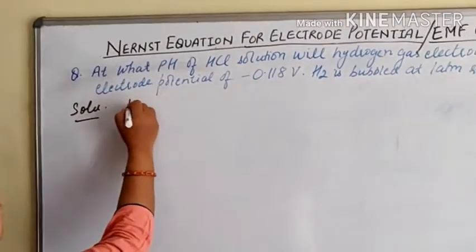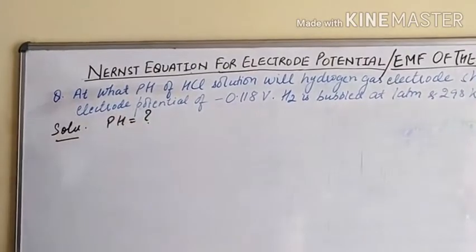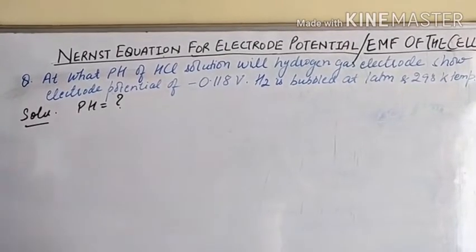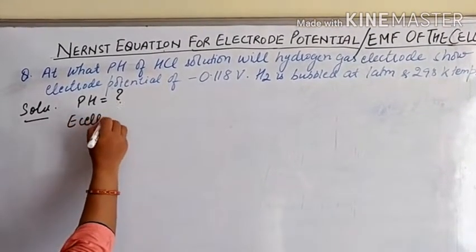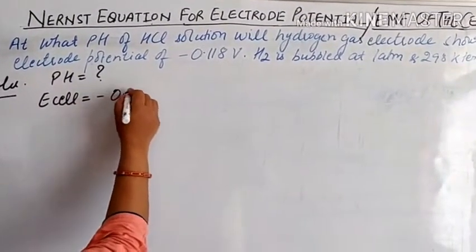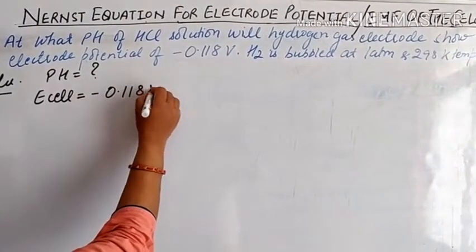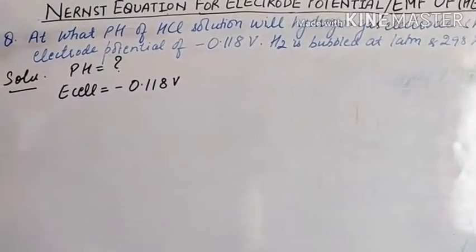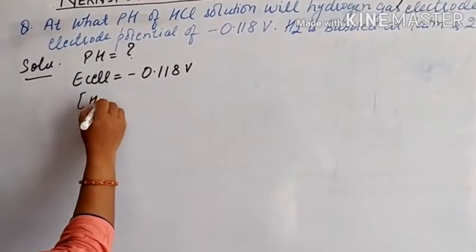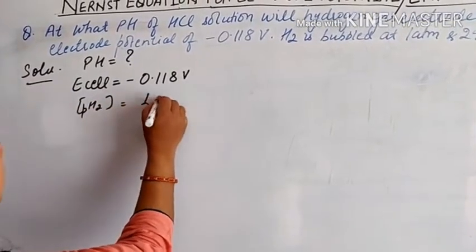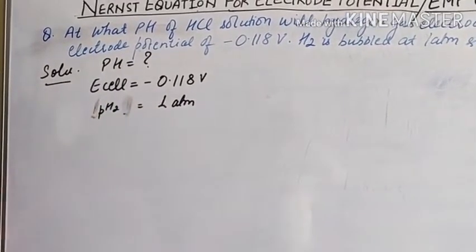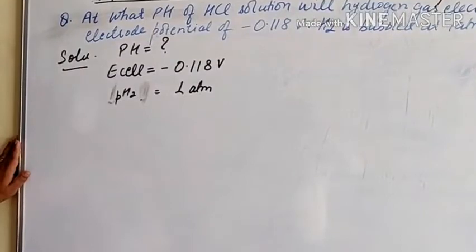So in this question, we have to calculate the pH of the HCl solution taken in the hydrogen gas electrode, and the electrode potential of the cell is minus 0.118 volts. The hydrogen gas is bubbled at 1 atmosphere, so the pressure of hydrogen gas is equal to 1 atmosphere. These all things are given in the question.